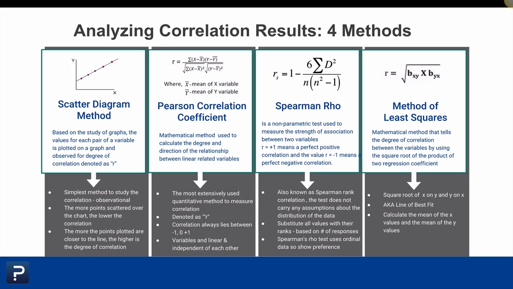This is basically the simplest form to study correlation. It's purely observational. The more points scattered over the chart, the lower the correlation. The more points plotted that are closer to the line, the higher the degree of the correlation. I would say this is probably one that doesn't require any mathematics. It's purely visual, and we can do it quickly and easily.